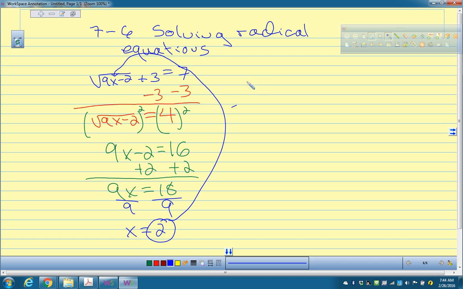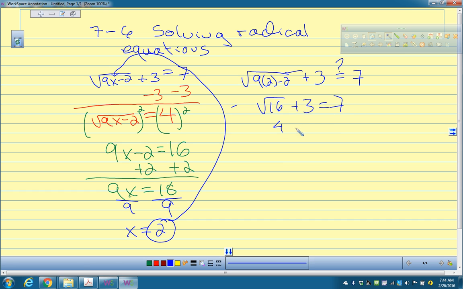So I get the square root of 9 times 2 minus 2, plus 3, and I want to make sure, is that equal to 7? 9 times 2 is 18, minus 2 is 16, square root of 16 plus 3 equals 7.